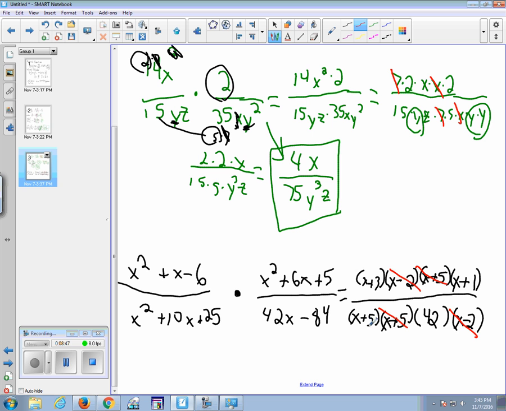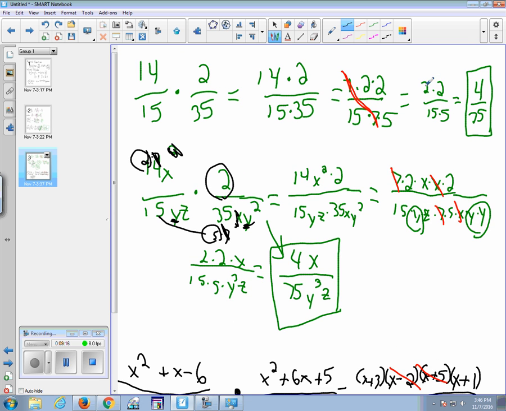X plus 3, nope. X plus 1, nope. So we've canceled as much as we can cancel. So our next line, x plus 3 and x plus 1 at the top, and x plus 5 and 42 on the bottom.